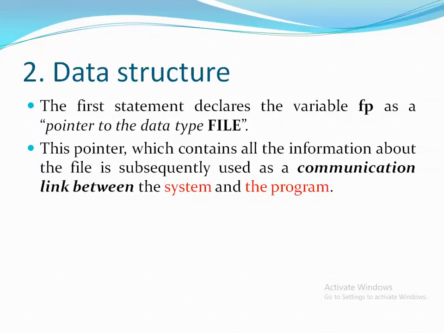That's why the file pointer provides the communication between our system and the program. That is the use of the file pointer. FILE is the data structure, and we are creating a pointer that provides the communication between our program and the operating system.